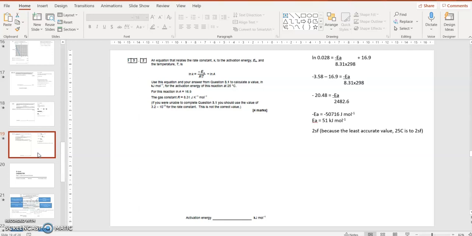They want it in kilojoules. Let's make the Ea positive, so positive Ea is 50716. Divide by 1,000 to get joules into kilojoules, and put it to the correct number of significant figures, which is 2: 51 kilojoules per mole.